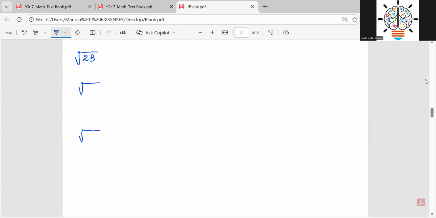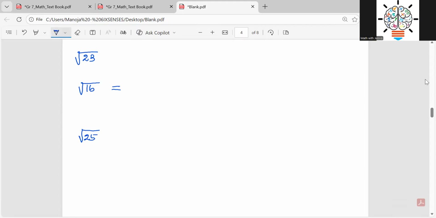Let's say you want to get the square root of 23, right? Recall your square root memory. What are the closer perfect squares you have for this? One is 16, the other one is 25.